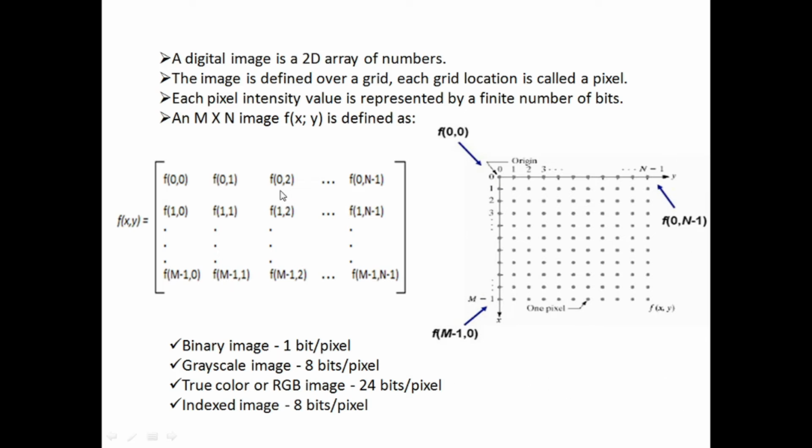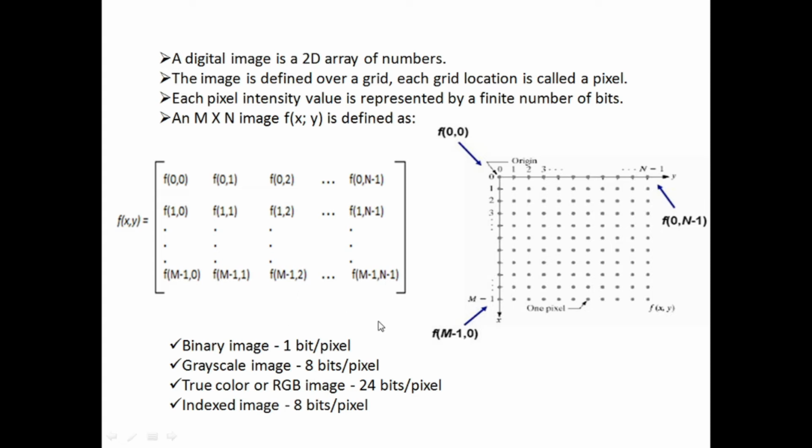Now, let me assume that L is the number of grayscale levels. A grayscale image has 256 levels, which start from 0 and end at 255. So can I write L, that is 256, as 2 power of 8, as each pixel carries 8 bits of information. So L equals 2 power of k, where k is here 8 bits.